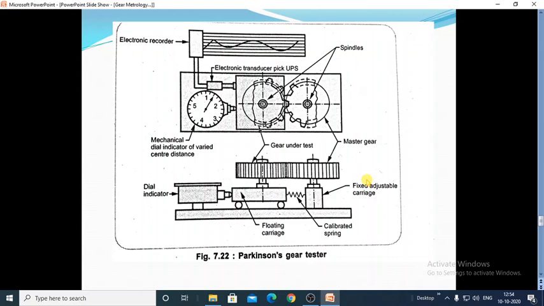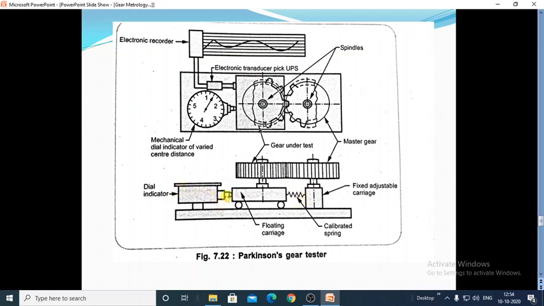That means you are supposed to adjust these things by using the gauge block. First, by using the gauge block, the spring should be adjusted and the dial gauge indicator should be set to 0.